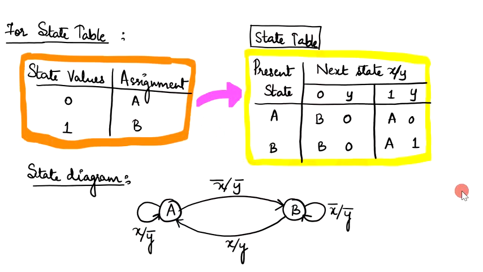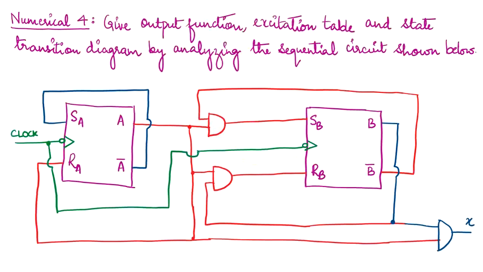So this is one of the simplest problems that can be solved. So next numerical is given here. Here they have given that you need to provide the output function, excitation table, and the state transition diagram by analyzing the sequential circuit shown below.